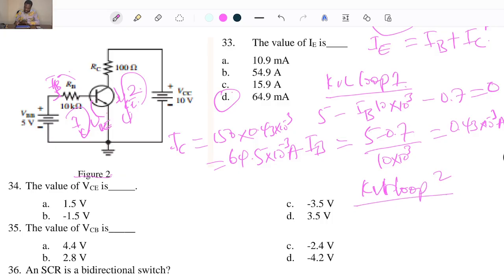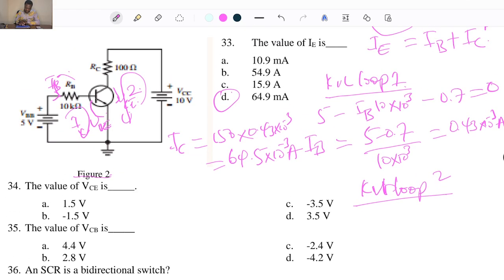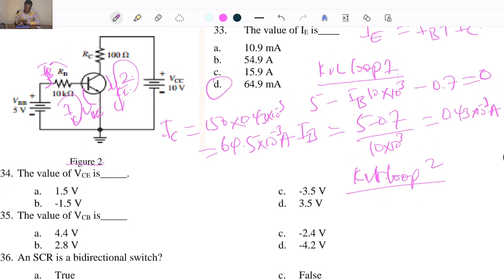In applying this, you can see here we have VCC, I have 10. So this is a resistor, so there's going to be a voltage drop. The voltage there is going to be the current which is passing, we call it IC.